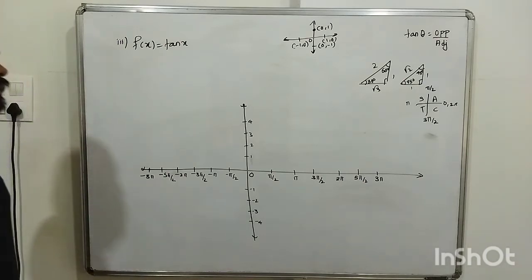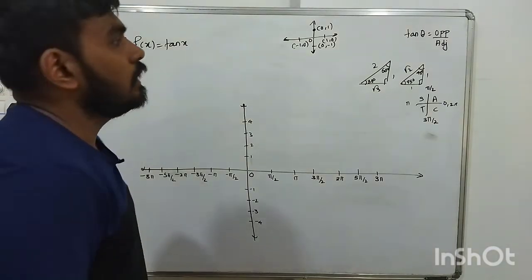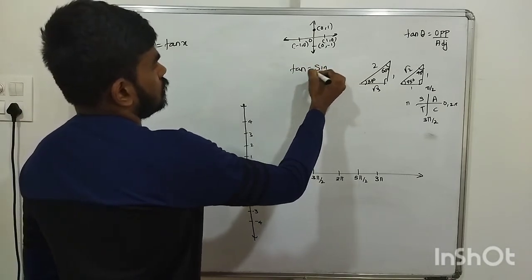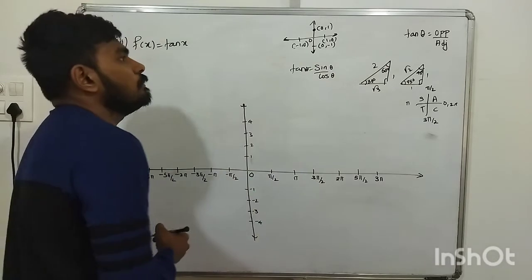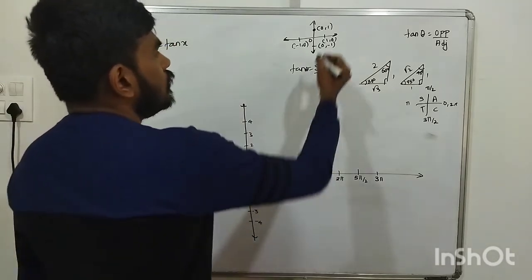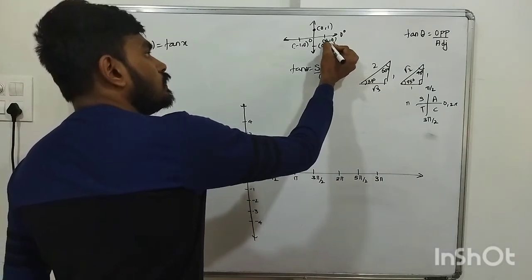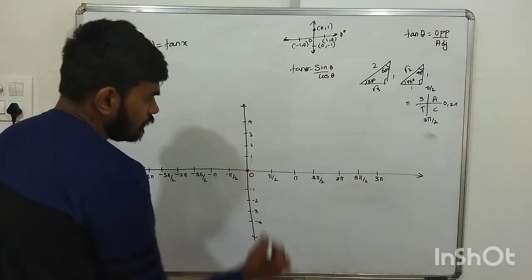Tan of 0 is what? How do we find tan of 0? Tan is sine upon cos, as you all know. Tan theta is sine theta upon cos theta, correct? So tan 0 will be sine 0 upon cos 0. Sine 0 is 0, cos 0 is 1. So 0 upon 1 is 0. So tan 0 is 0, correct?